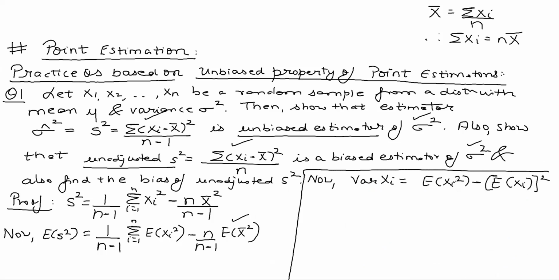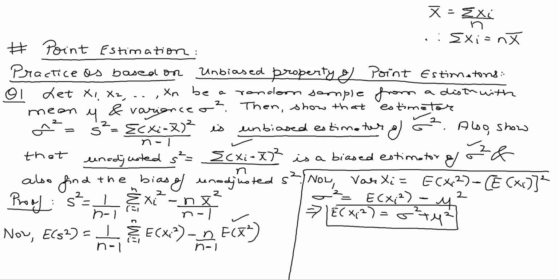This is the formula. So variance of xi is sigma square. Expected value of xi square we need to find out, minus expected value of xi is mu, so mu square. So this implies expected value of xi square is sigma square plus mu square. This is one substitution we make.